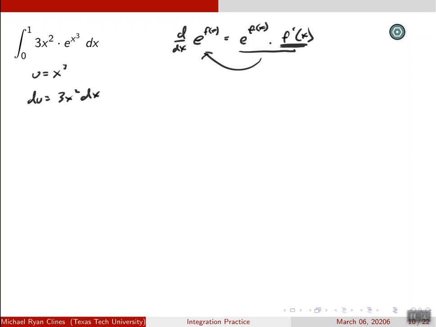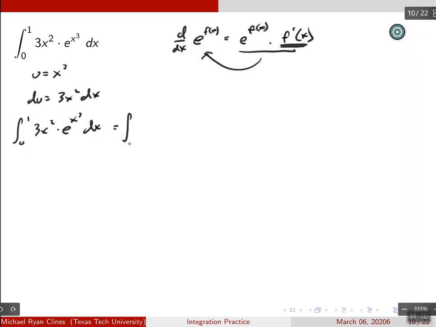Okay, so from here, we're going to rewrite our initial integral, 0 to 1 of 3x squared times e to the x cubed dx. This is going to be equal to, now, since we're about to change our variables, we need to change our limits of integration. Since 0 and 1 here are in terms of x, we need new ones that are in terms of u.